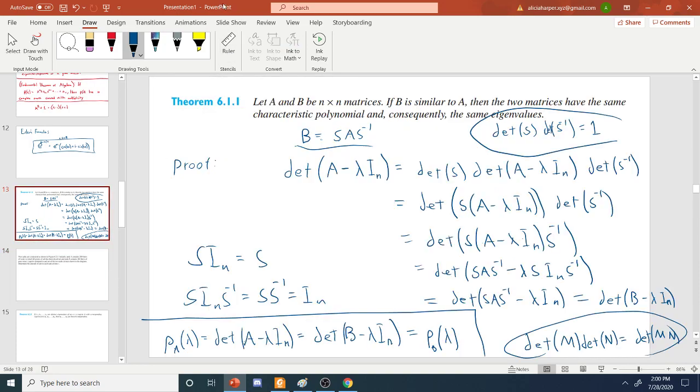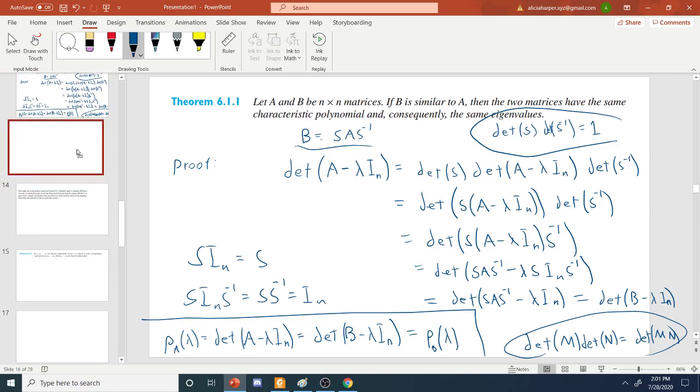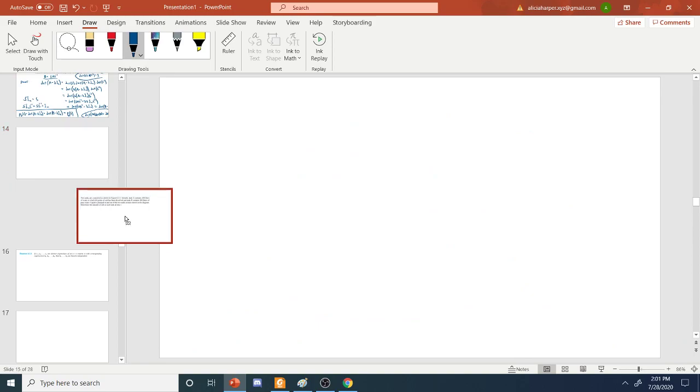So that is one property of similar matrices. So let me state another fact.